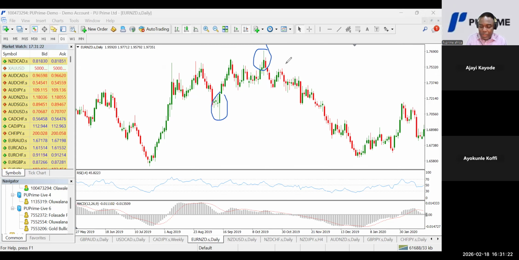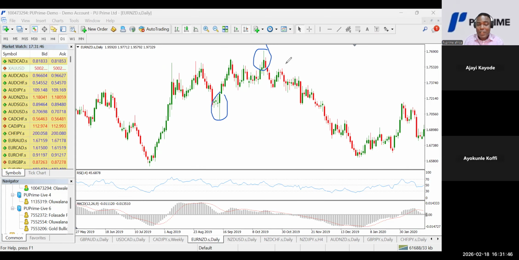If what you're seeing is a chart pattern, flow with it. If it's a candlestick pattern, flow with it. But sometimes, on some occasions, it's possible to see a candlestick pattern on a higher time frame which will form a chart pattern on a lower time frame. I've seen that happen many times. You may see a candlestick on a higher time frame, like this same rejection candle I'm talking about.